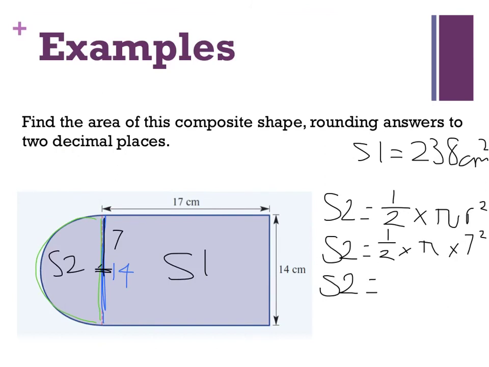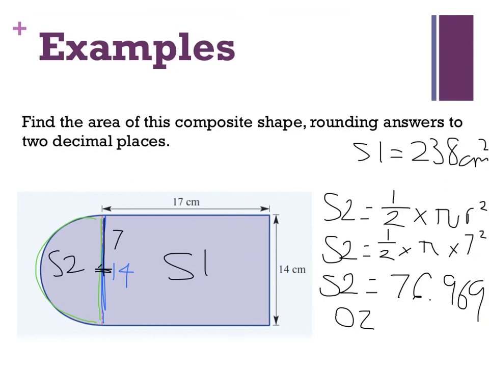It gives me an answer of 76.96902, and so on. I'm going to leave that in on my calculator and add the 238, just so I don't ruin any rounding.